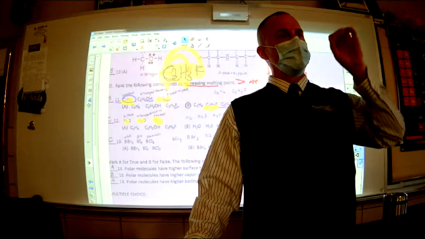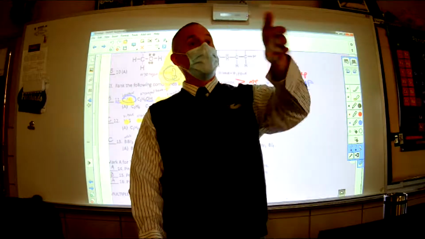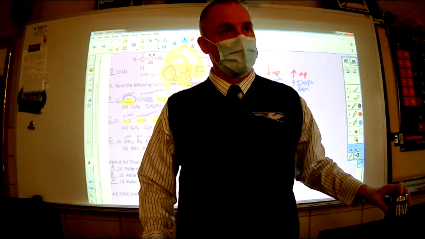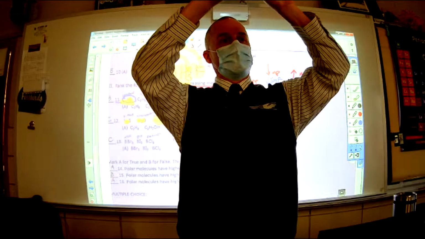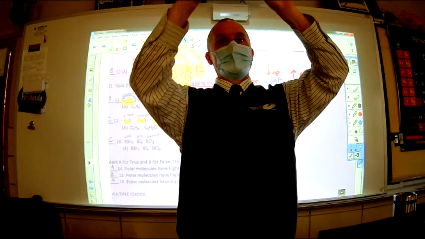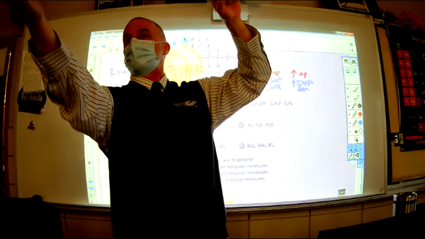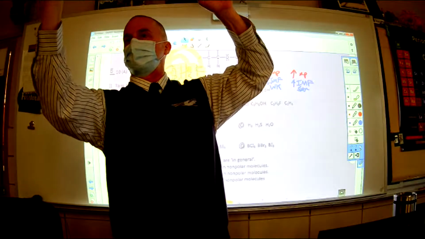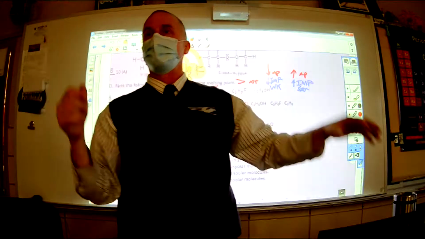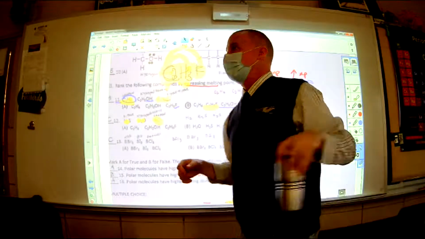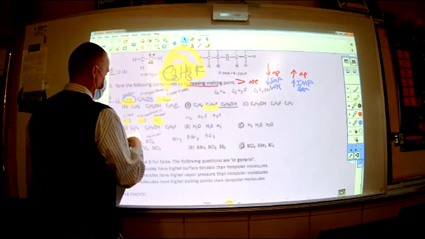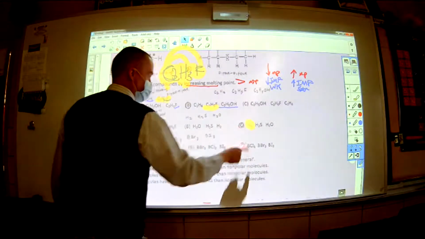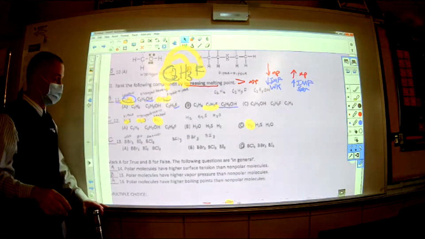It's in family 1, the alkali metals, but I don't disagree that it acts like a noble gas. Same atom, so it's symmetrical. Hydrogen here, hydrogen here. If we subtract the two hydrogens, what's the difference in electronegativity? 0. That's going to be straight up London. So when I look for my answers, I'm looking for H2 first. That's the only one that has H2 first. It's the only one that's possible.